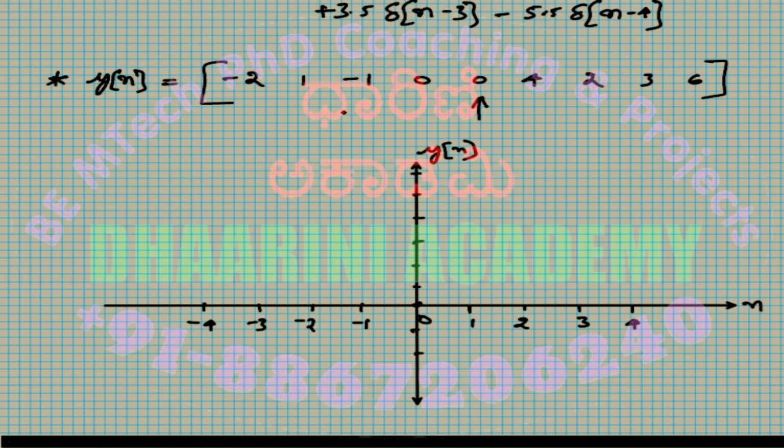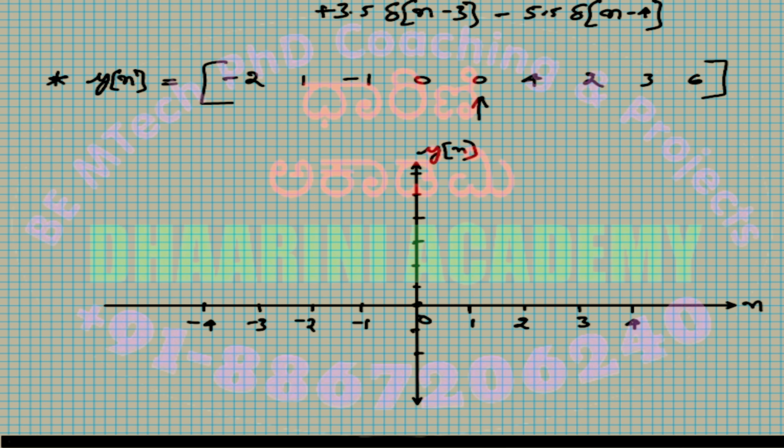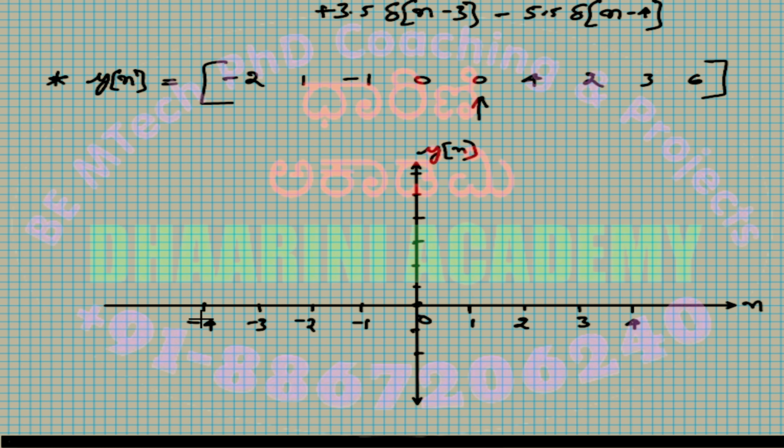On the left side, at minus 4, the signal amplitude is how much? It is minus 2. So minus 2 is here.